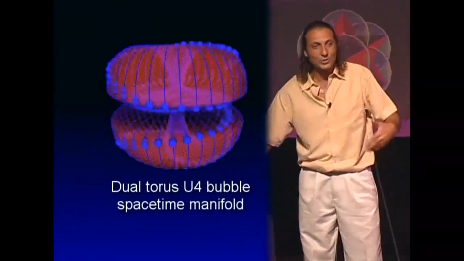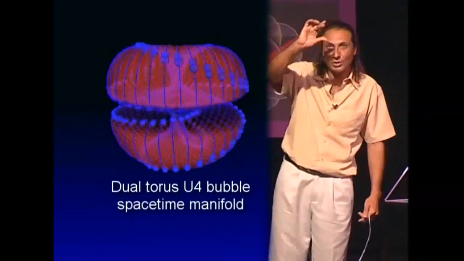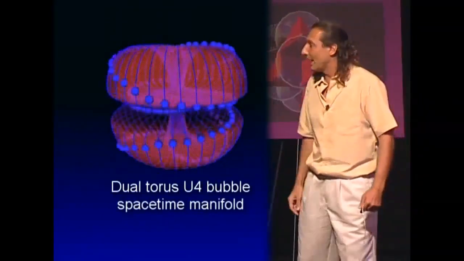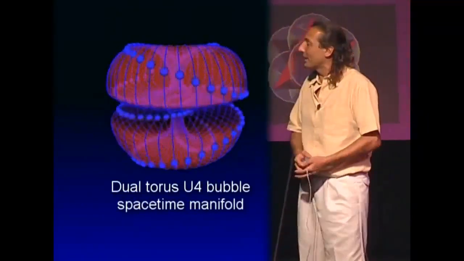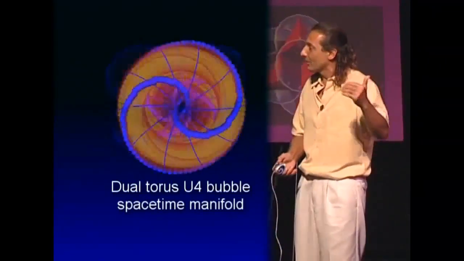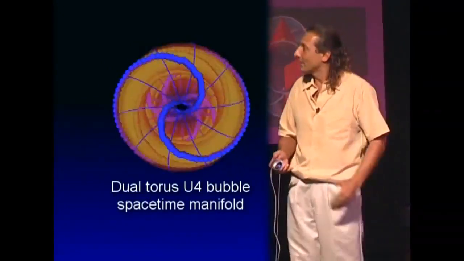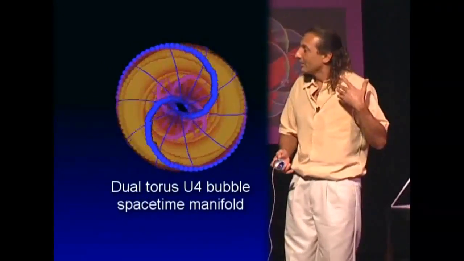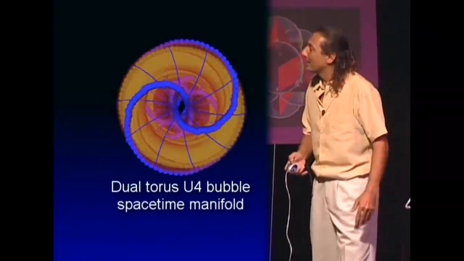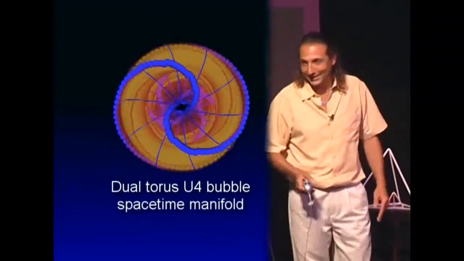Because Coriolis forces were added to the equation, what we did is we added a term for torque and the Coriolis forces as a secondary rank tensor on the space-time manifold. The result is a double torus structure, a double torus manifold that has this dynamic, which is viewed here from above as a rotating yin-yang sign, if you'd like.